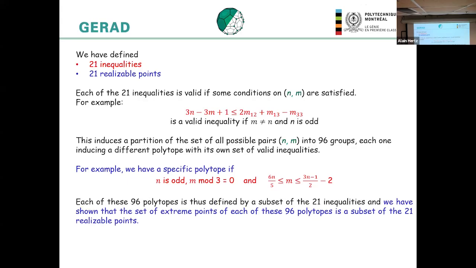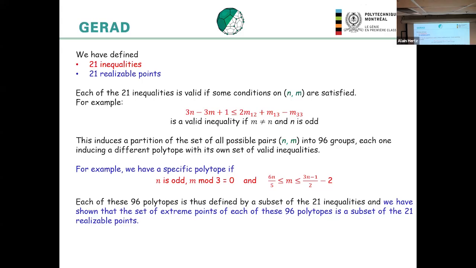And so each of these 96 polytopes, because you have just valid inequalities, is just defined by a subset of these 21 inequalities. And what we have shown, okay, it's perhaps too big. So there are valid inequalities, but perhaps they contain too much.